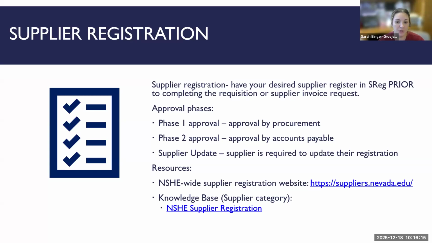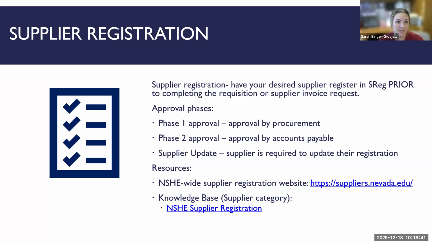Now, once you're getting quotes and you know somebody that you want to work with, if it's not someone that has already done business with us, they would need to complete their registration in SReg before you enter a requisition or a supplier invoice request to them. That's because it goes through multiple phases of approval. The first phase is by procurement, and that is to verify that everything is set up correctly.